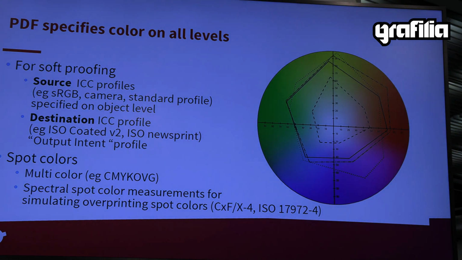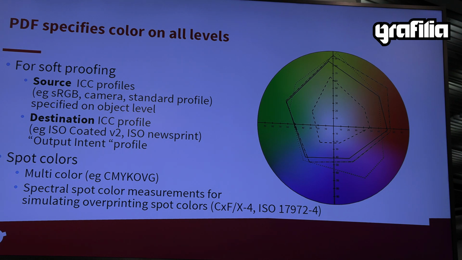And then probably the most important topic for prepress and print is color. PDF is very powerful here. Many file formats allow you to specify a source color space, an ICC profile that specifies this image was created with that camera, on that scanner, whatever. So you can have a source ICC profile, which is common in file formats, but in PDF you can also have a destination profile.